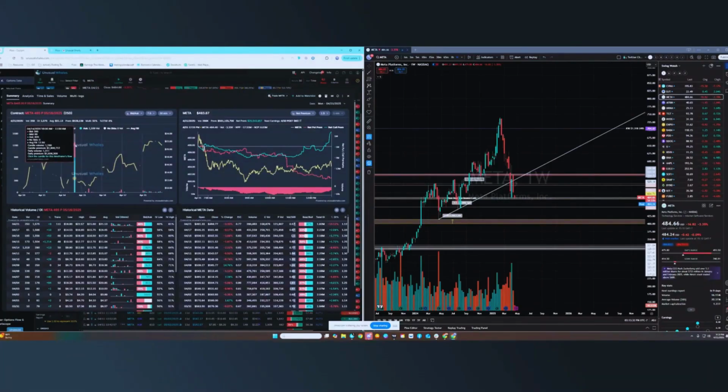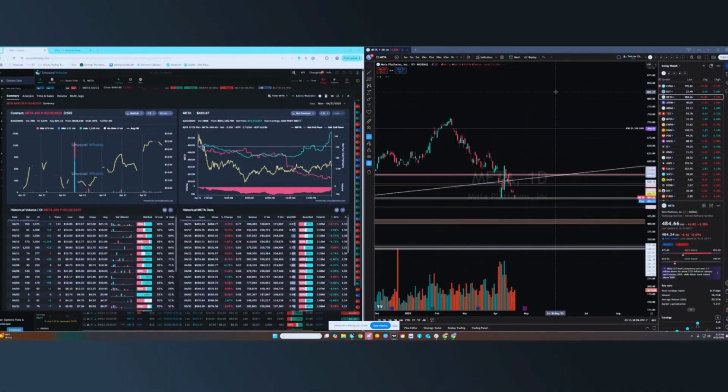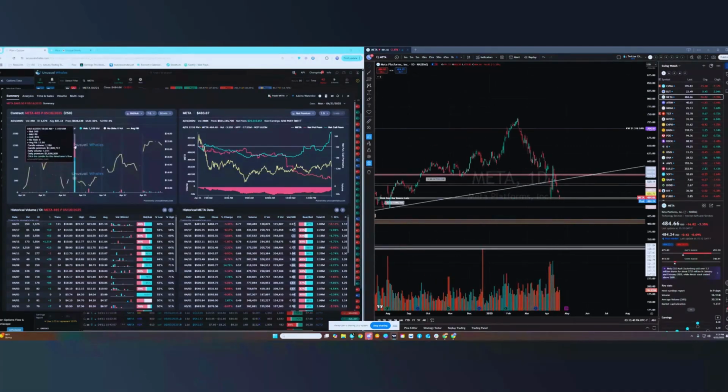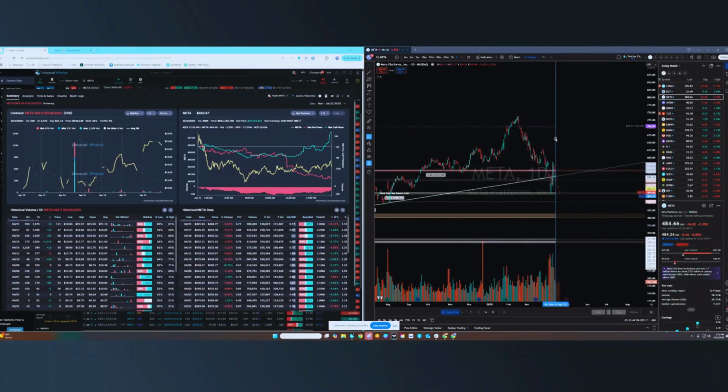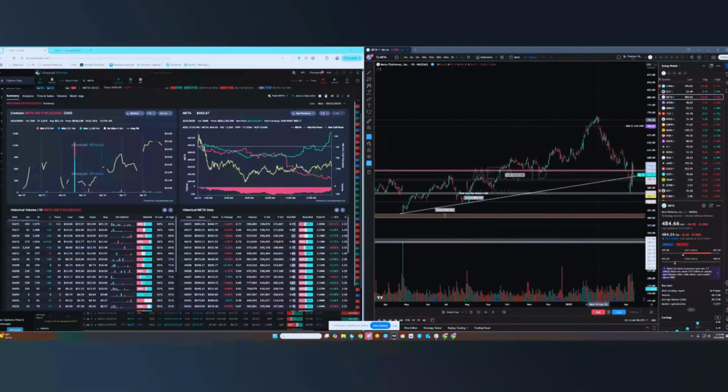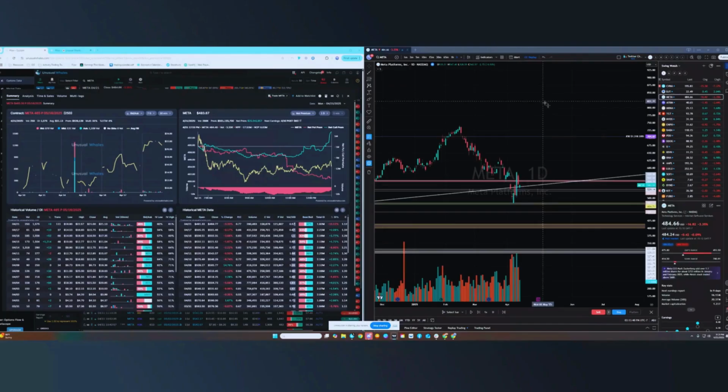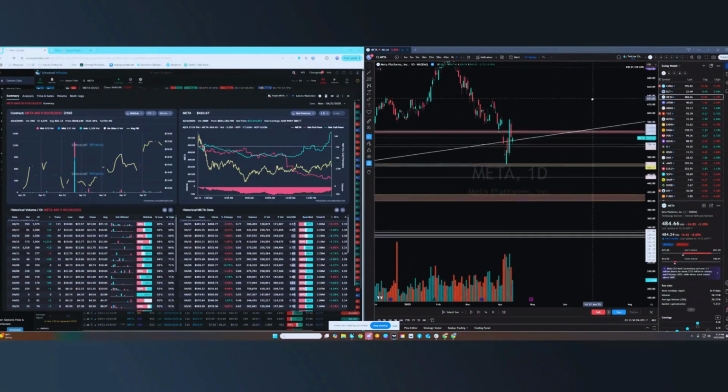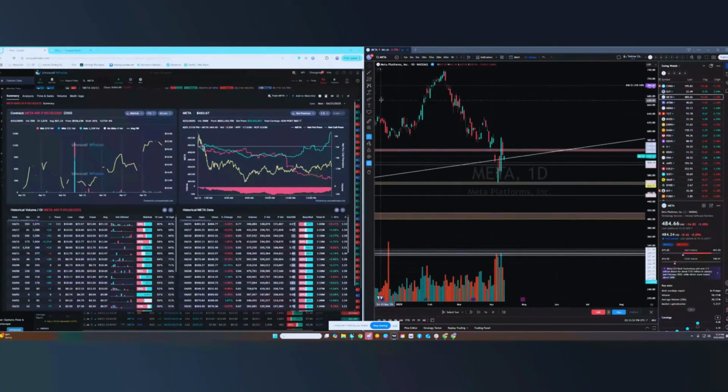And this is where it gets really cool. If you start out with the charts and you come over to the flow, so let's go over to our daily here. We'll pretend that we found this on the day of. So we'll actually do a replay here. We'll go to the 14th. So basically we have 465 here for May 16th, they paid $12.50 per contract.